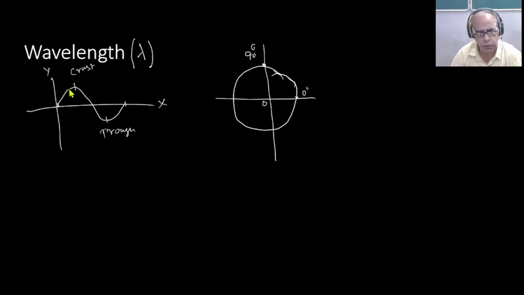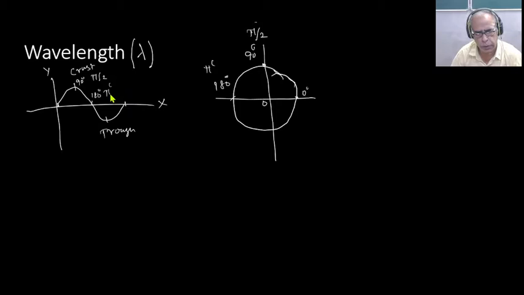So this is the crest point, 90 degree, and this can also be represented as pi by 2 radian. And this one is 180 degree, that is pi radian.